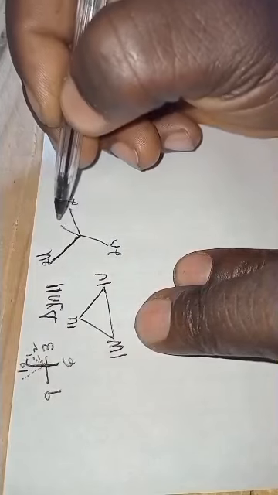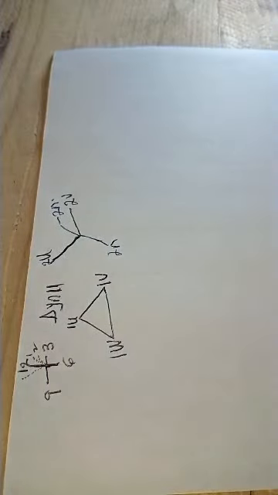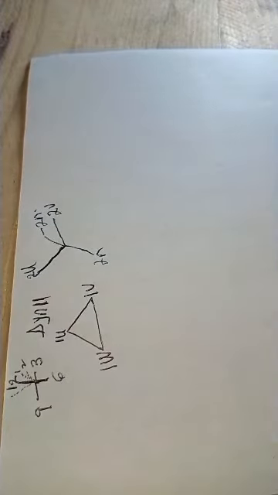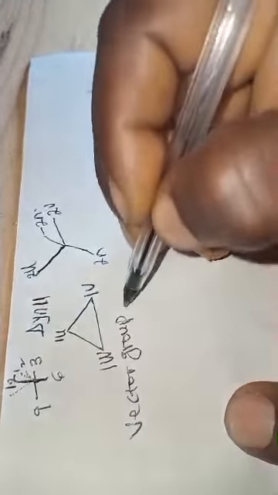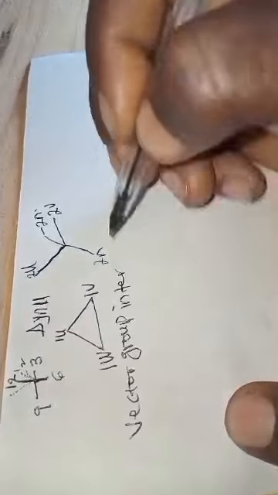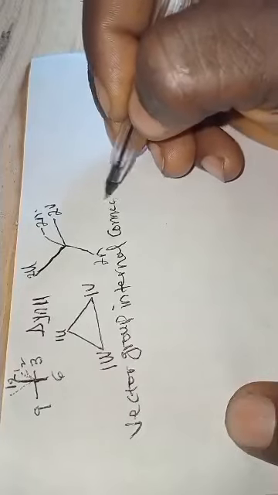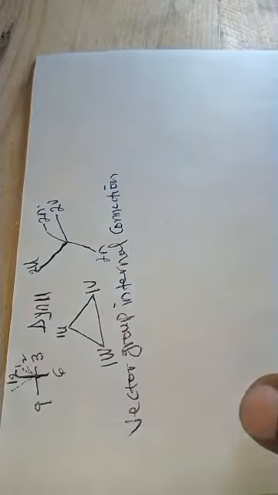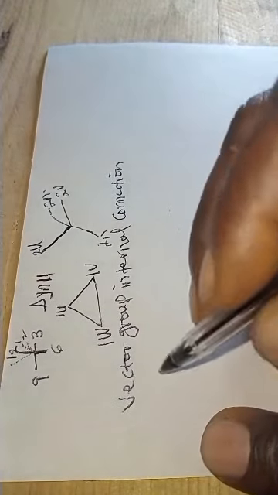Here I have my 2N. This is the vector group internal connections.